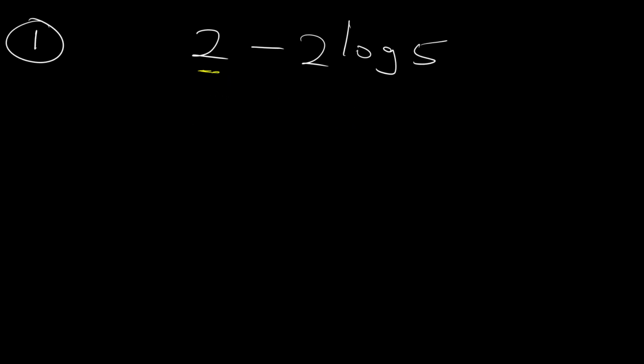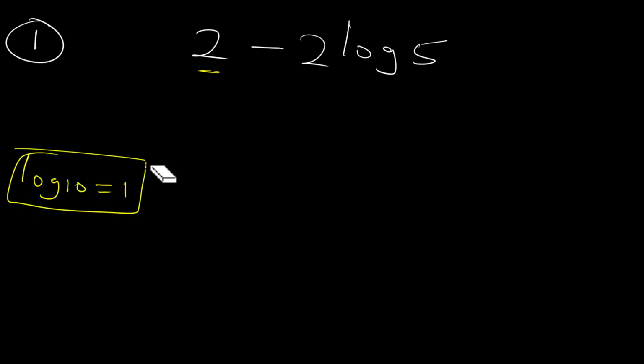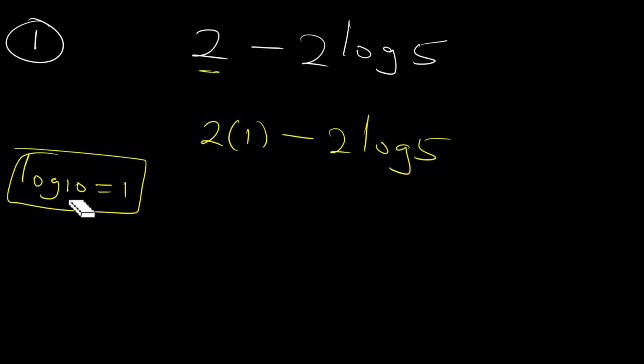We know log 10 is 1, so we can write this as 2 times 1 minus 2 log 5. But 1 can be written as log 10. So 2 log 10 minus 2 log 5.